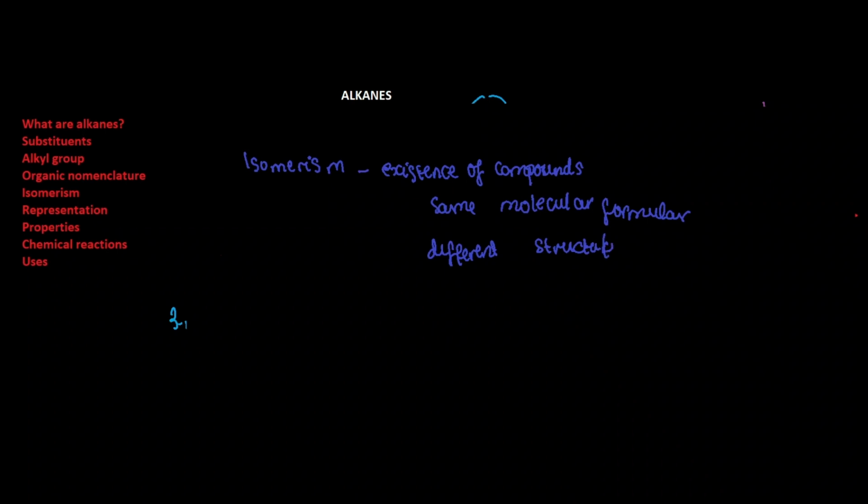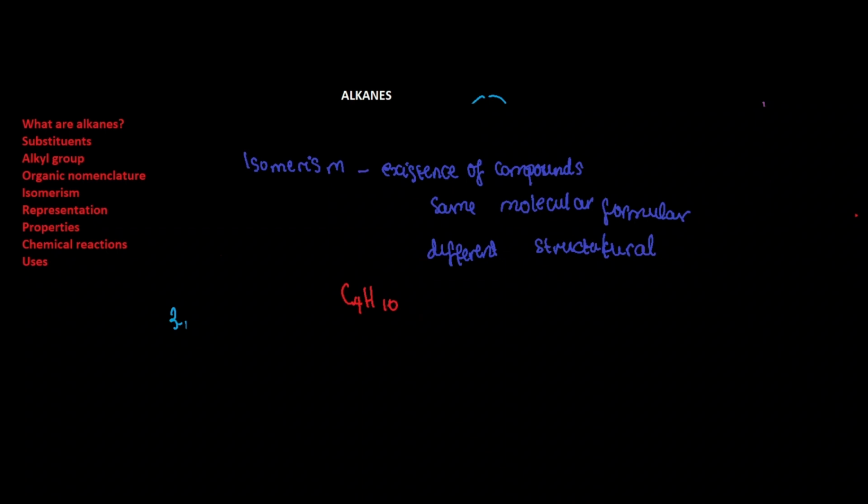So when we go forward to look at representation, we would see that organic compounds can be represented in various ways. Now, when we are given the structural formula, it simply gives us an idea of the way the atoms are arranged in space. Now, two compounds may have the same molecular formula, like C4H10.